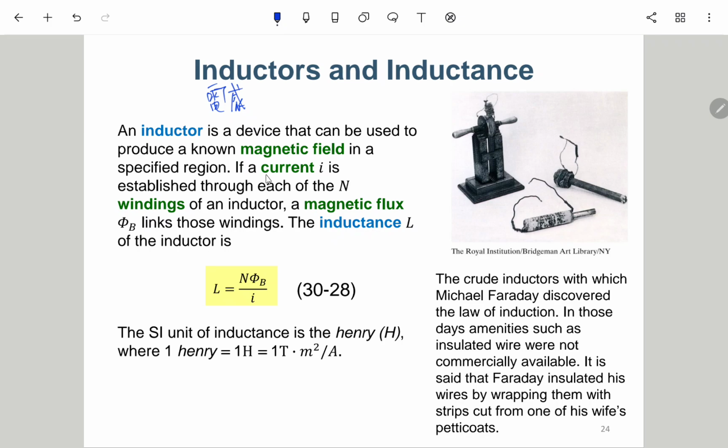If a current I is established through each of the N windings of an inductor, meaning N turns of wire wound into coils, like the solenoid we learned in the previous chapter, though it does not have to be that shape, then a magnetic flux phi B links those windings, and the inductance L of the inductor is L equals N phi B over I. Okay, so this is the definition of the inductance.